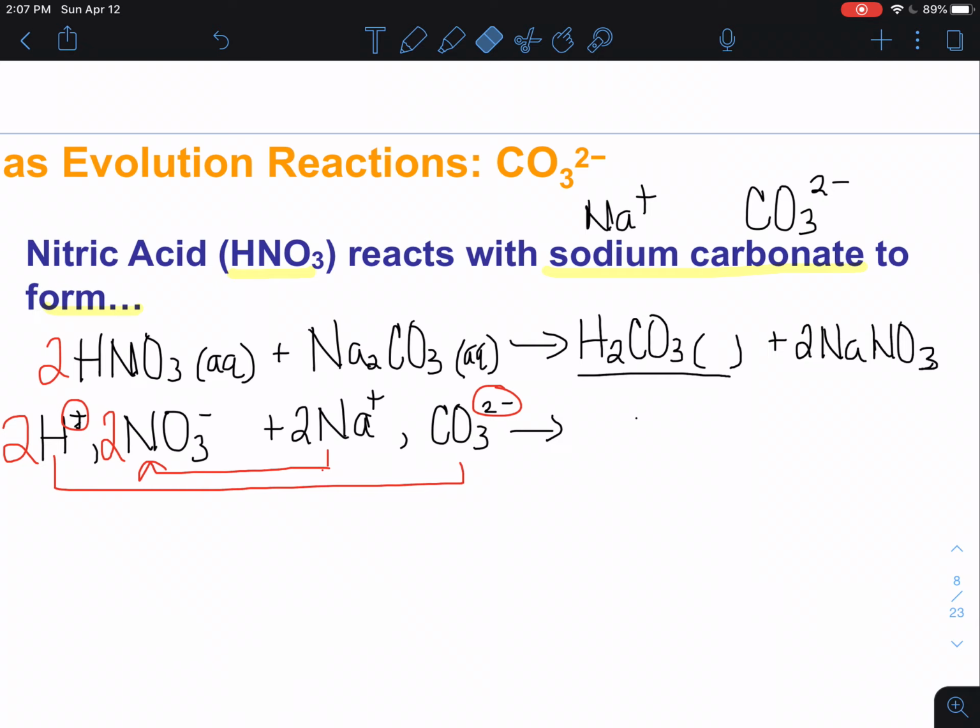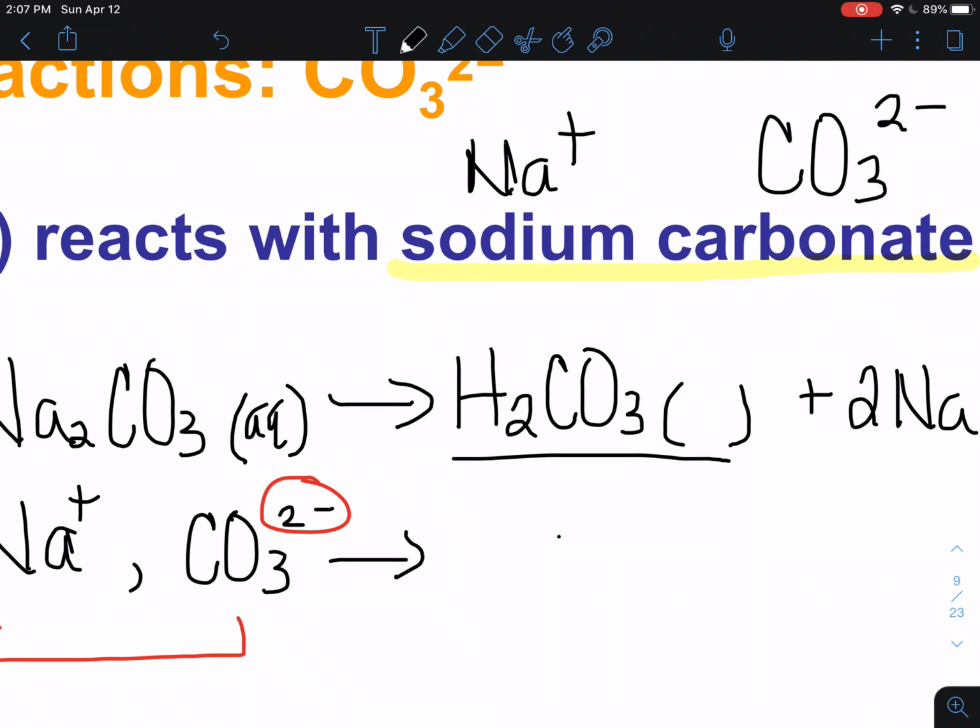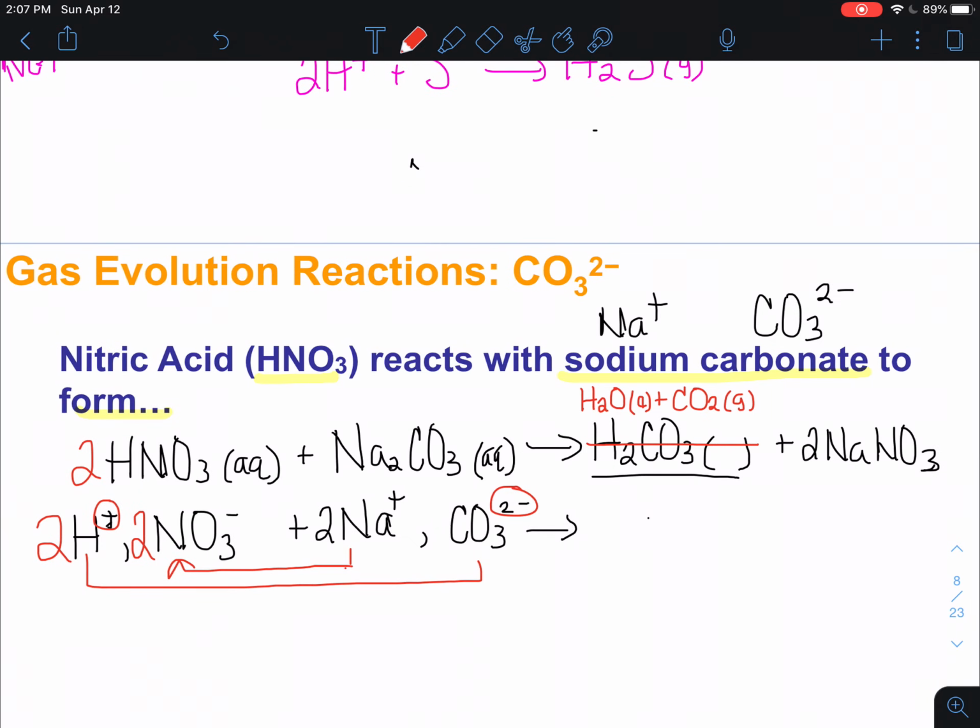You could mark this out right here, and you're going to say g, the CO2 gas.